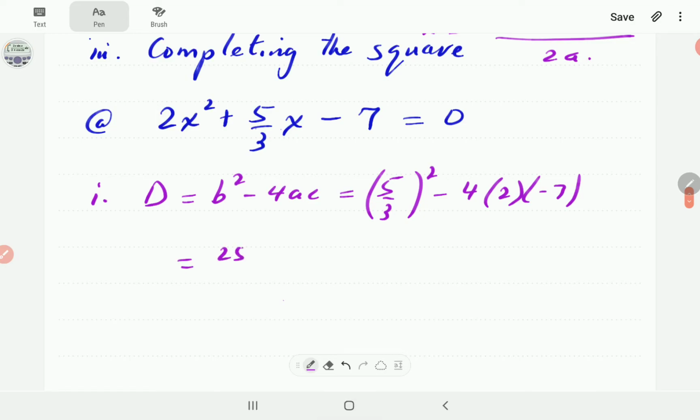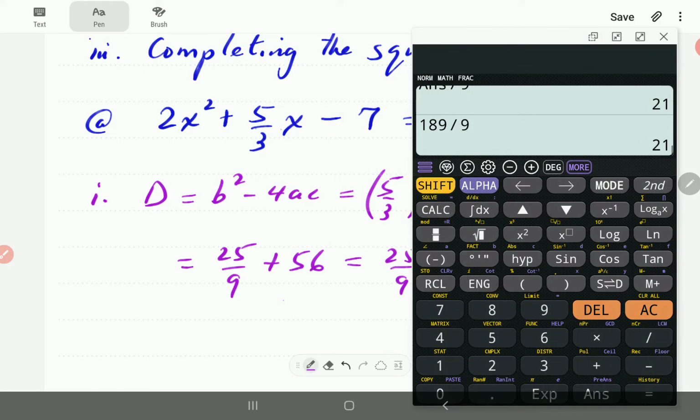So this is going to be 25 over 9 plus 56. Now we want to express this as a fraction, not in decimal form, because then we won't be able to see whether this is a square number or not. So I need to write that as one fraction.